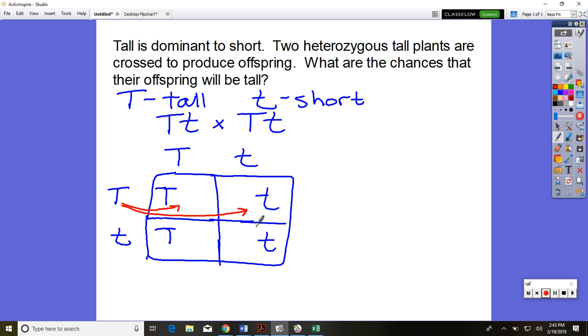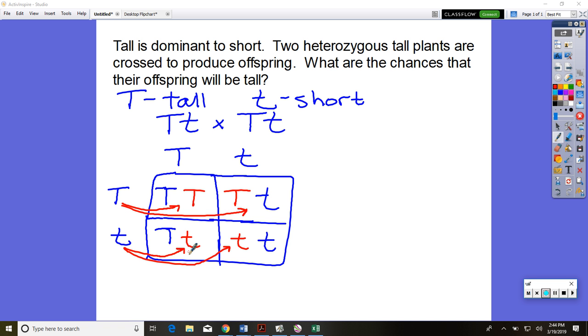So we'll bring the capital T in from the left, and then next we'll bring the lowercase t in from the left. So here you see the letters have been brought in from the left-hand side.